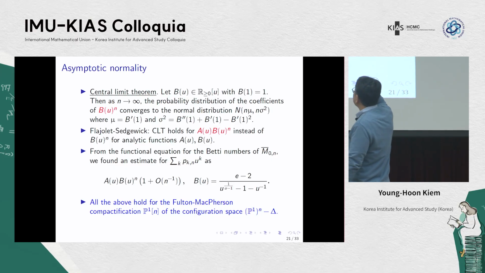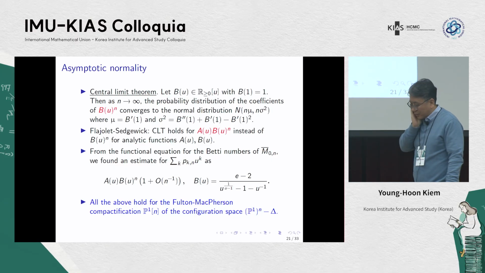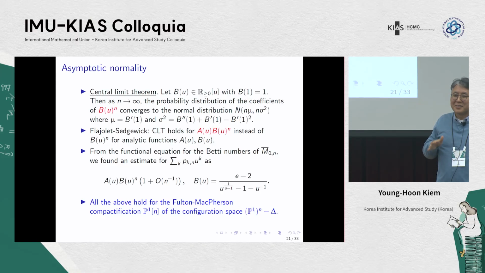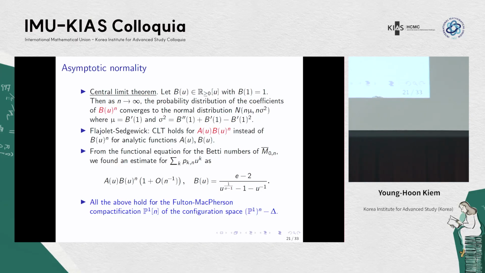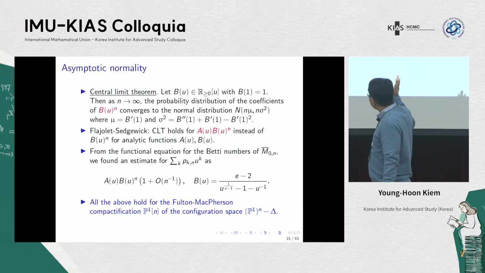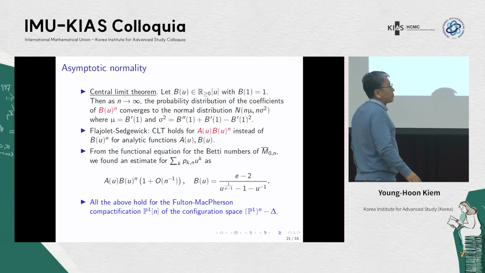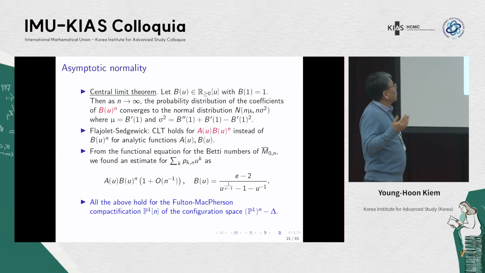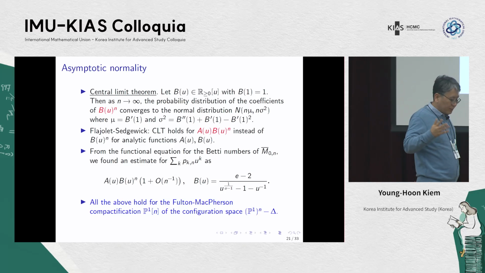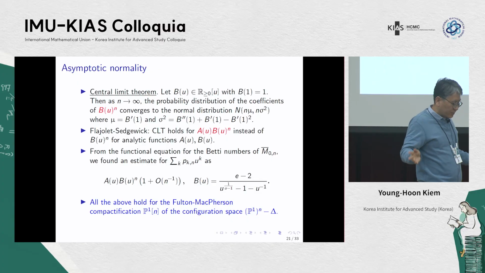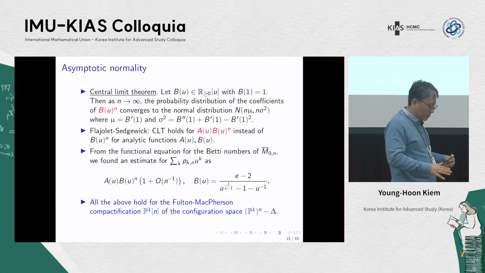So here's the main ingredient. Central in probability theory is the central limit theorem. There are many ways to phrase the central limit theorem. Here's one way. Suppose you have a polynomial b(u) whose coefficients are non-negative real numbers, and suppose b(1) is equal to 1. It means that the coefficients of this polynomial give us a probability distribution.